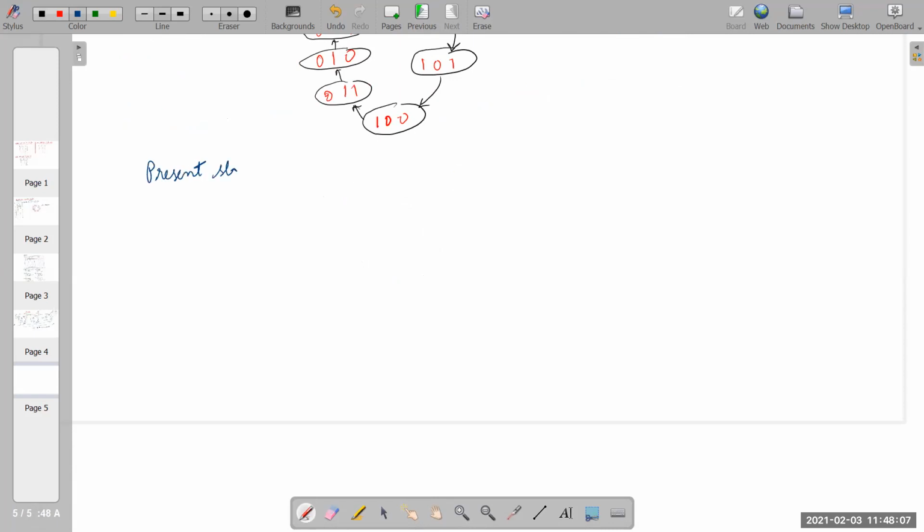This is the present state. Next state. Again I give the names QA, QB, QC. Present state is N, next state is N plus 1.